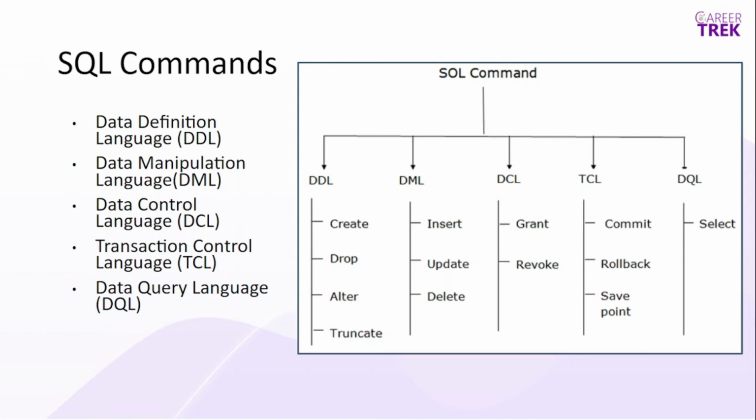And then we have the TCL, or Transaction Control Language, which deals with the transactions happening within the database. And then we have the DQL, or Data Query Language, which is used to query a database or to get the required data from a database.